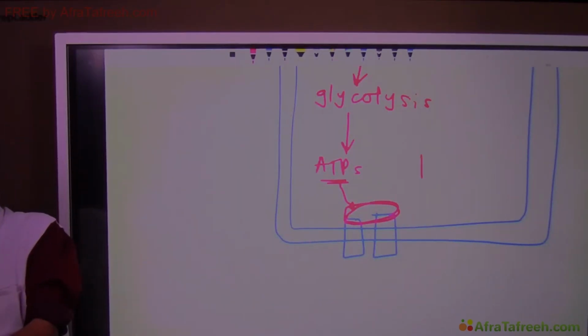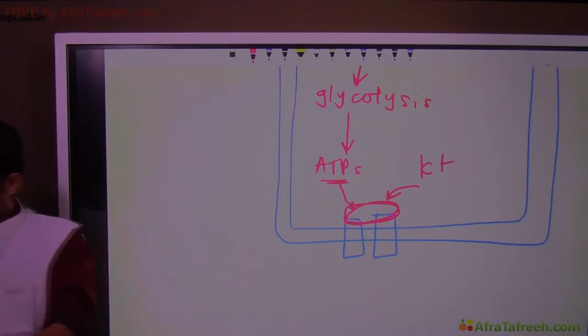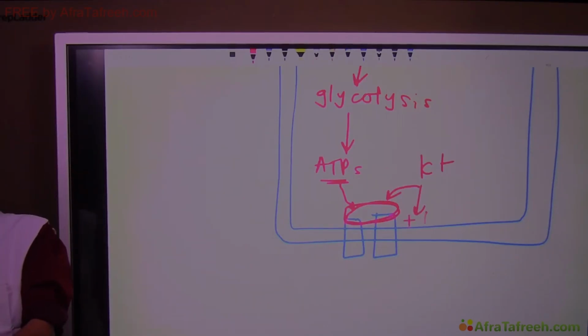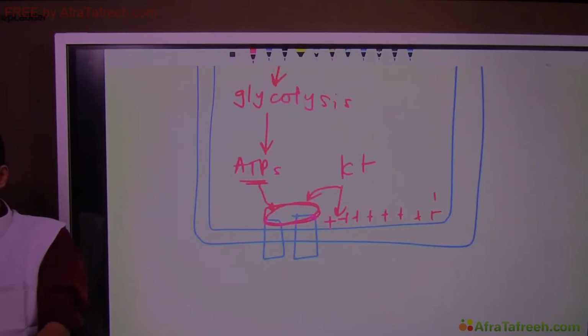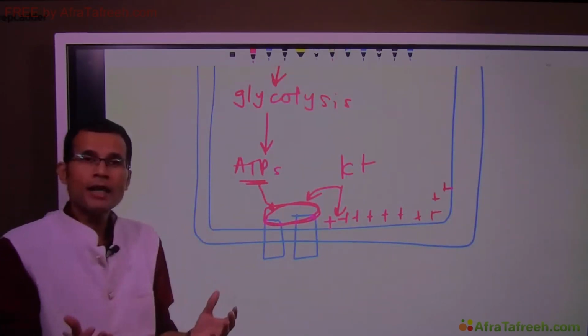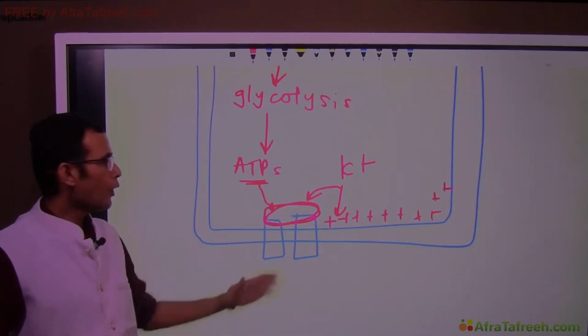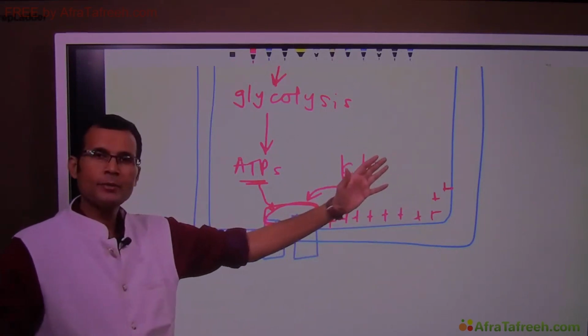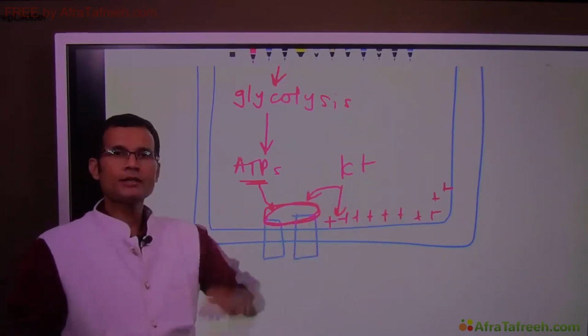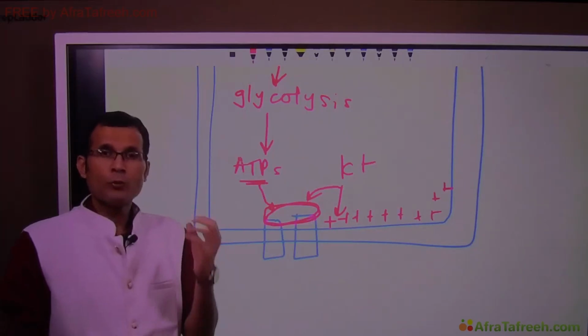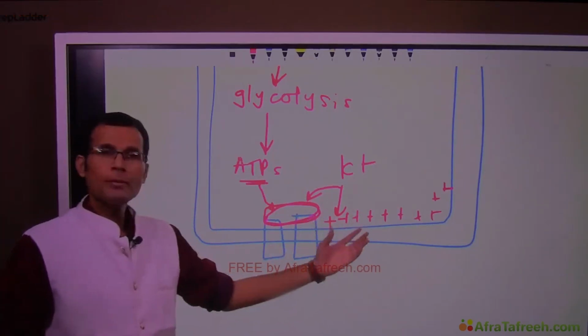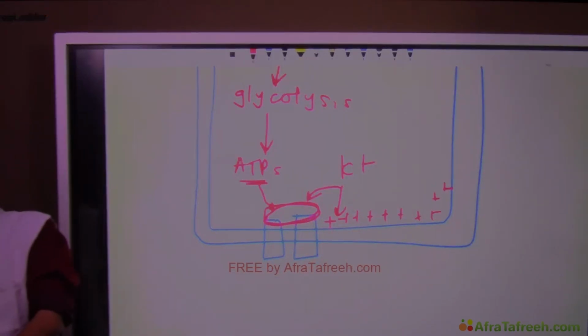Which means what? Which means potassium cannot go out. Potassium starts accumulating inside the membrane. It means the membrane has begun to depolarize. Positive charges are lining up inside the membrane. Membrane depolarization is happening. This is a voltage change for the membrane, and that opens voltage gated calcium channels.